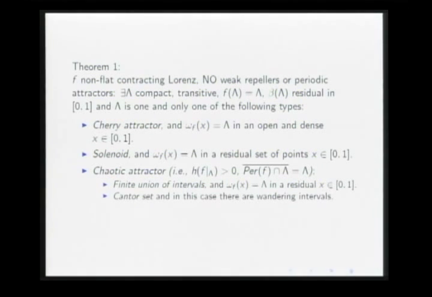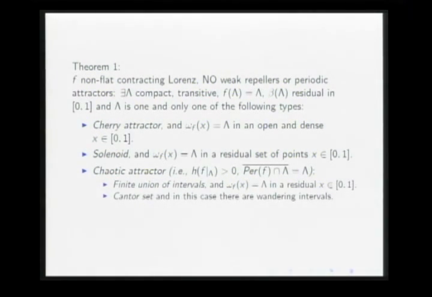For non-flat contracting Lorenz maps, if you do not have any periodic attractor nor weak repeller, there will be a compact set lambda, transitive, invariant, with a residual basin in the whole interval, of one of these types: Cherry, solenoid, as we described, or perhaps a chaotic attractor.